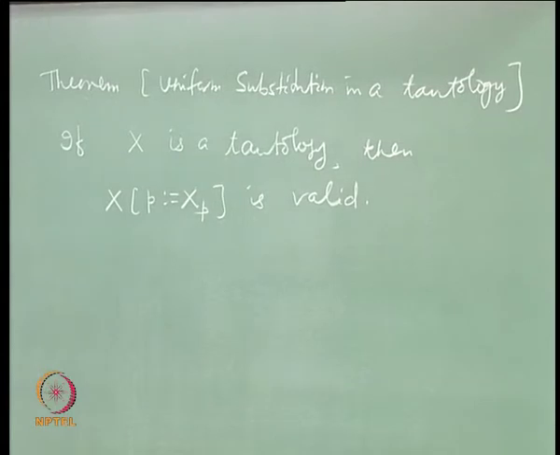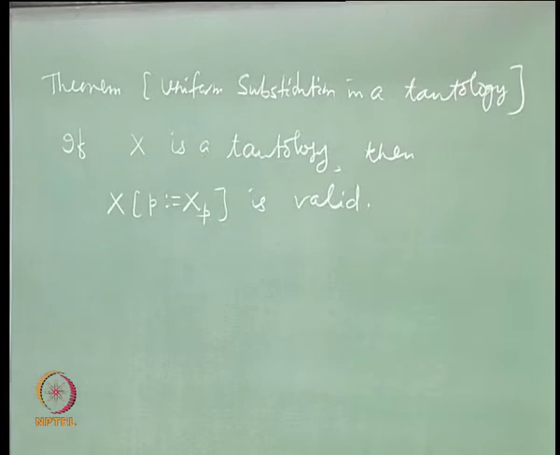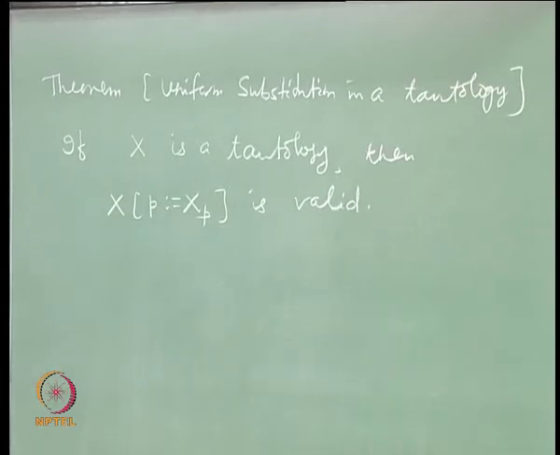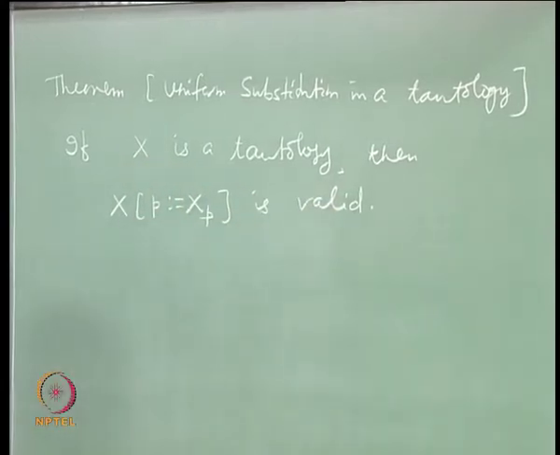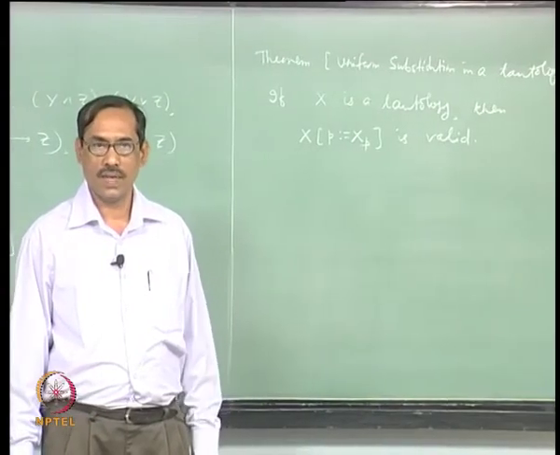Proof is clear. Is there anything to do? Yes, is it clear or not? Not clear? Okay. x is a tautology, so that means you take any interpretation, it satisfies it. Okay.